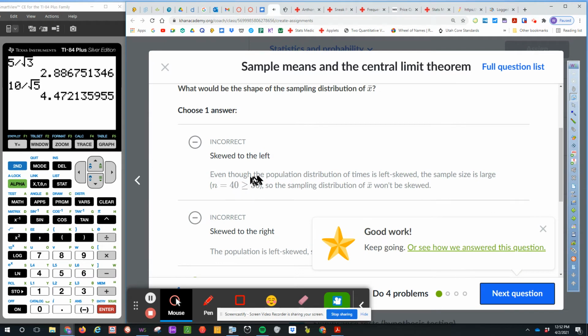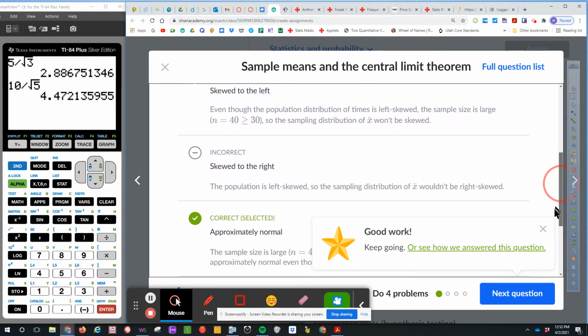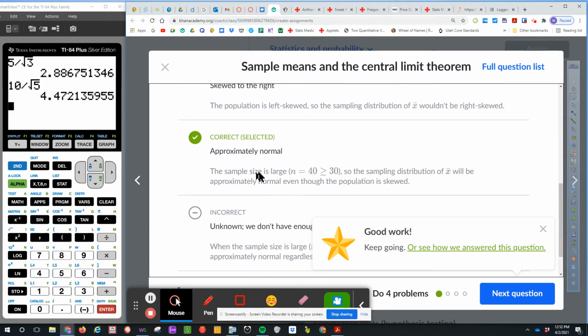Even though the population distribution of the times is skewed left, the sample size is large. How large? It's greater than or equal to 30. So the sampling distribution of x bar won't be skewed, right? The sample size is large, n equals 40, greater than or equal to 30. So the sampling distribution of x bar will be approximately normal, even though the population was skewed left.